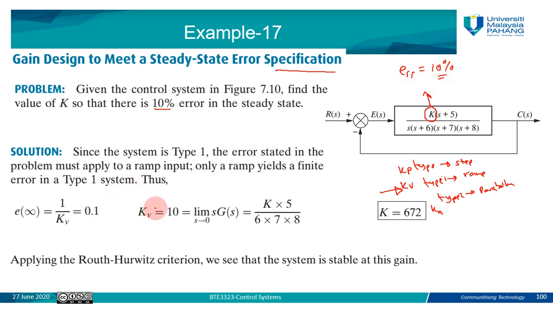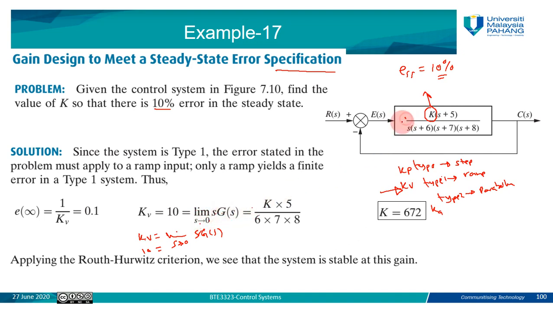So the value of Kv equals 10. If I find the formula of Kv, it will equal limit s goes to 0 of sG(s). So this is the formula for finding Kv. I put Kv equal to 10 on the left side, and on the right side I apply the formula limit s goes to 0 of sG(s).